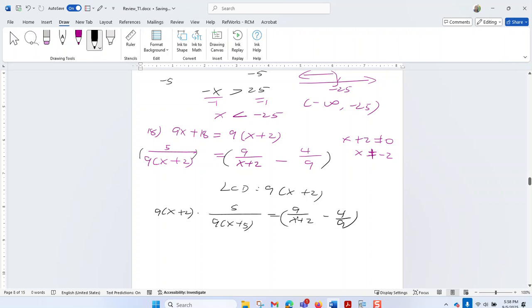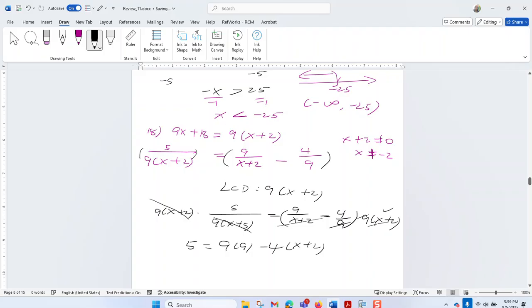This whole thing will be canceled out, so this will be just 5 there. The other two cancel out, so you're going to have 9 times 9. In the second one, the 9 cancels out, but you still have an x plus 2 there. So this is negative 4 times x plus 2.